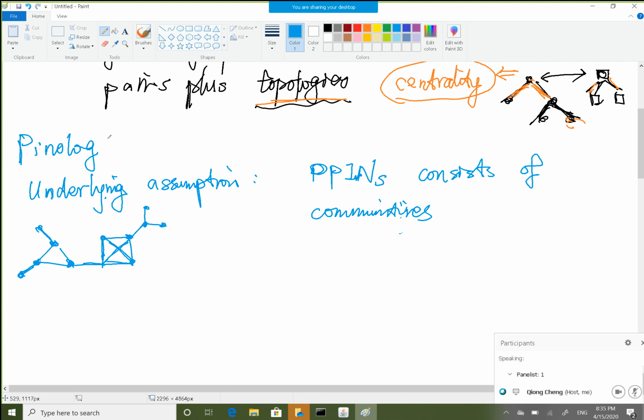Okay, so this is one network, and the second network, this is G1. And we put them in different colors, right? And this is the other graph.